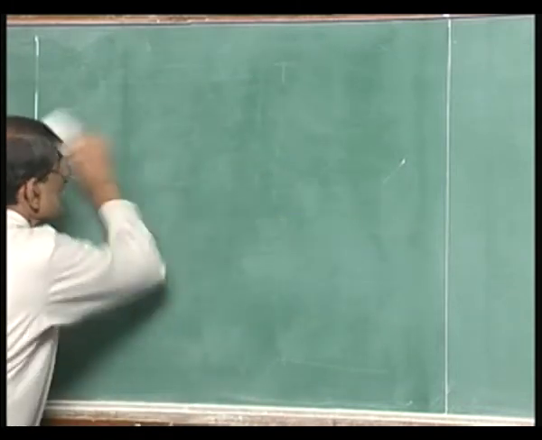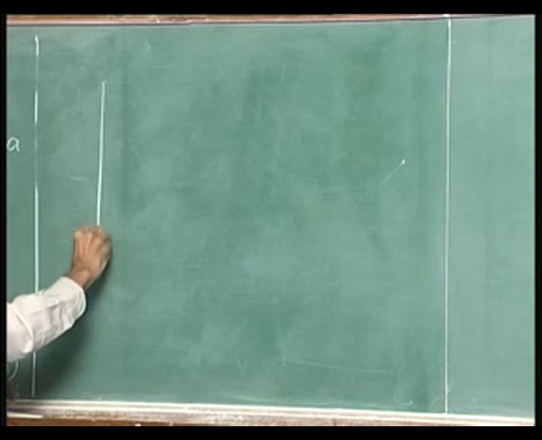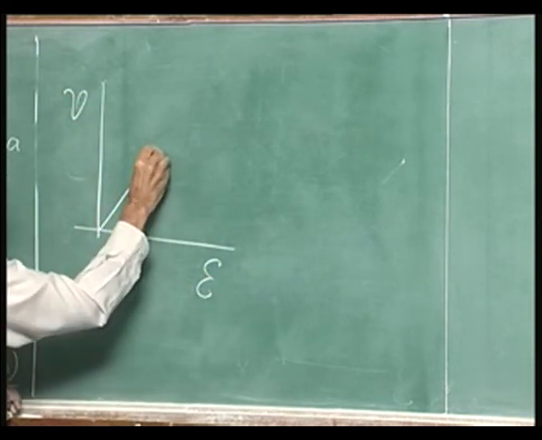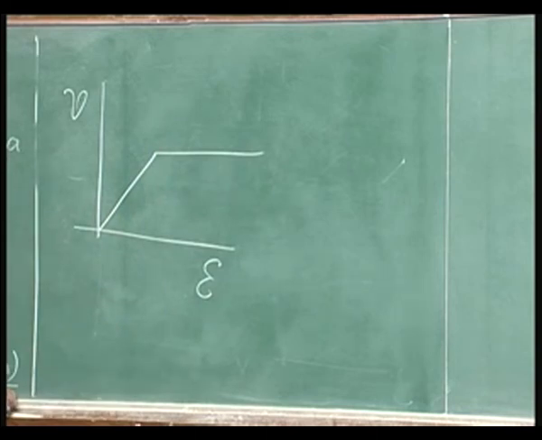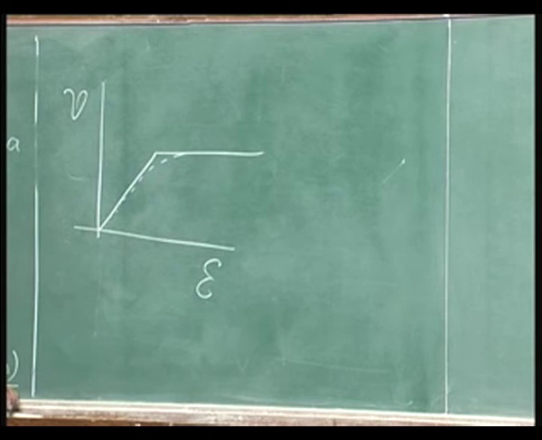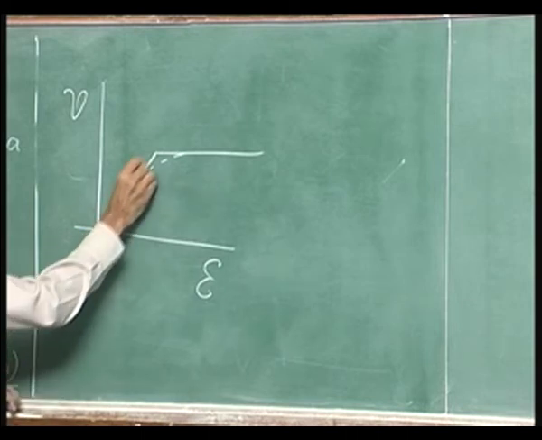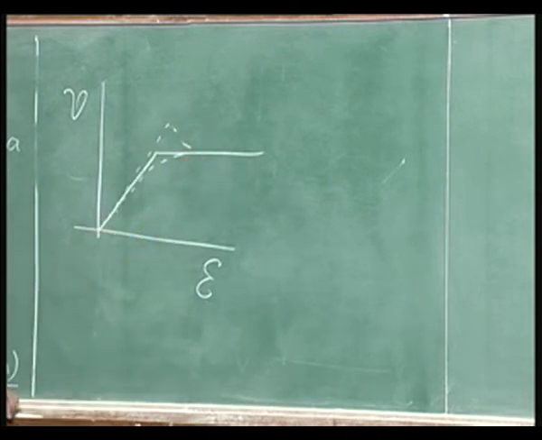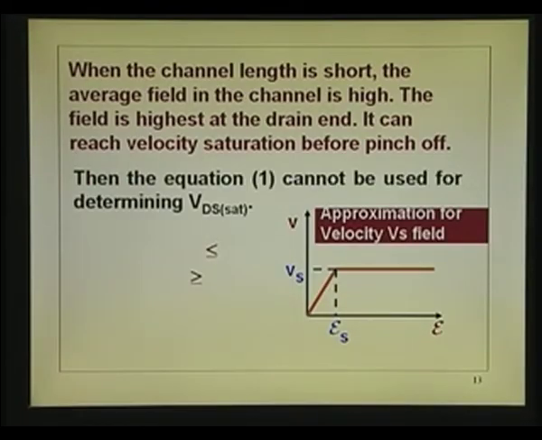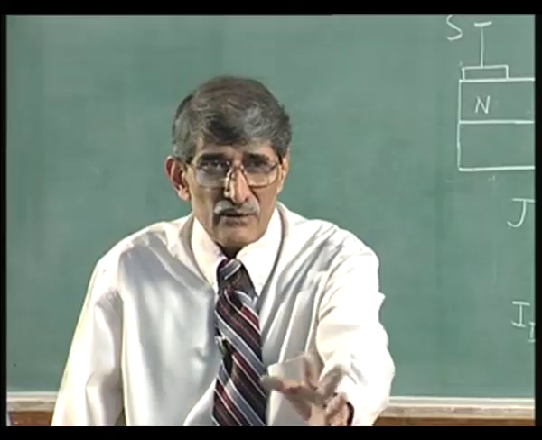The assumption is the velocity versus electric field, we make it like this instead of like that, or instead of something like that. Whatever be the shape, we make this assumption. And there are things like this, the equation one, which pinch off condition you cannot use.